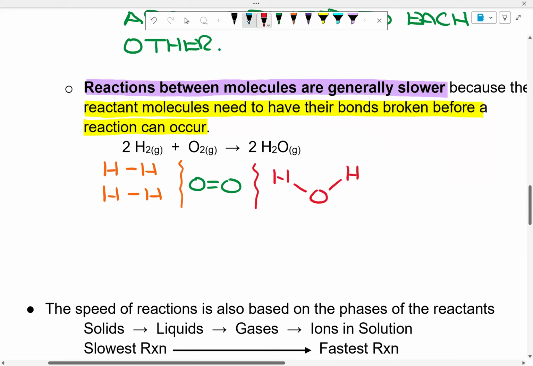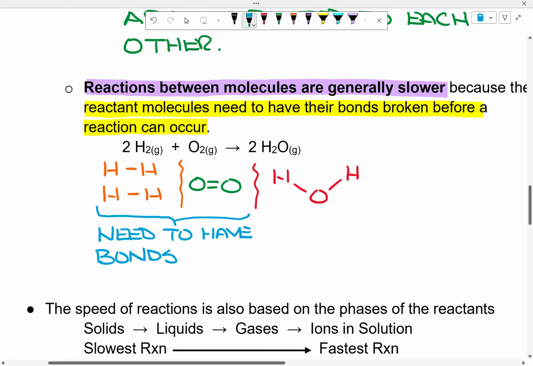So notice in this particular case, the hydrogens and the oxygens need to have bonds broken before reaction.